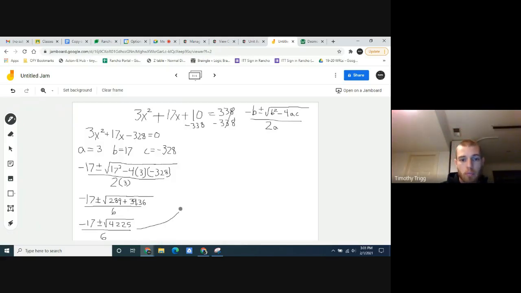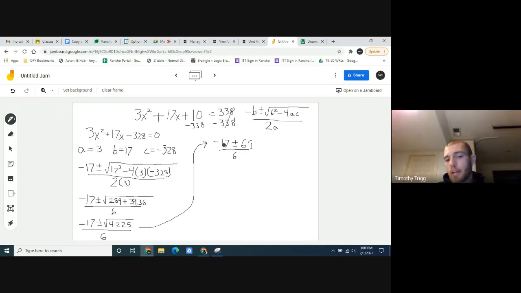So this becomes negative 17 plus or minus the square root of 4,225, which is 65, all over 6.